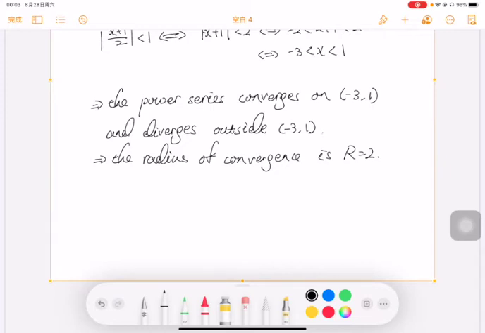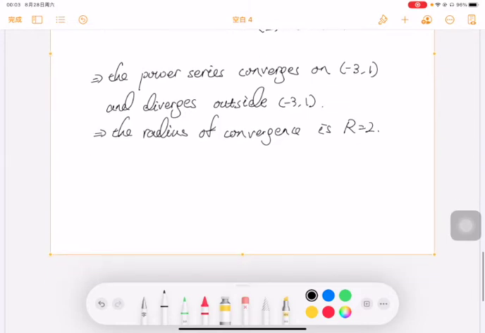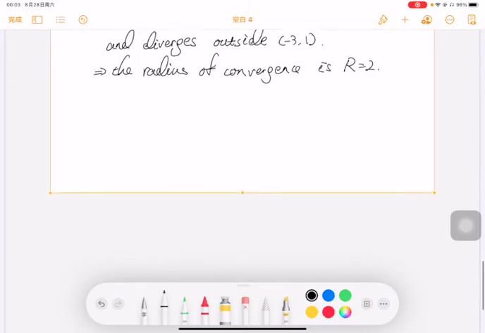The radius of convergence is just 1/2 of the length of this interval. So you get 4 divided by 2, which is 2. All right, that's the first problem.